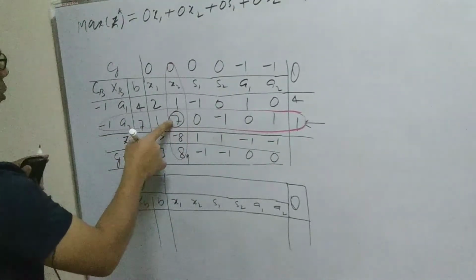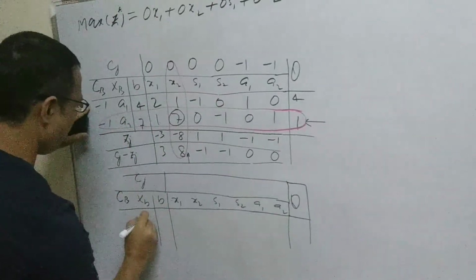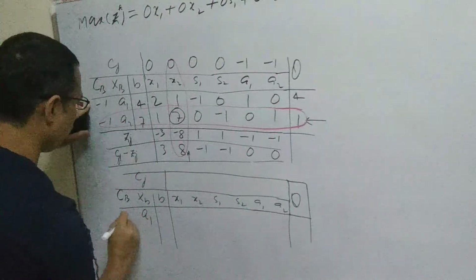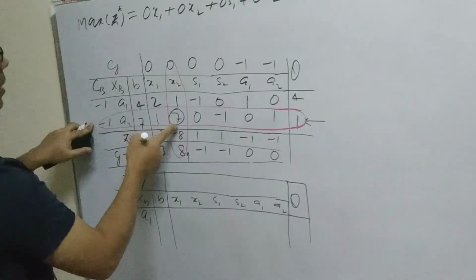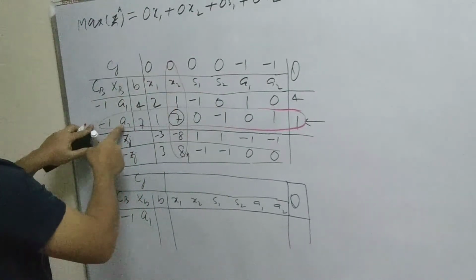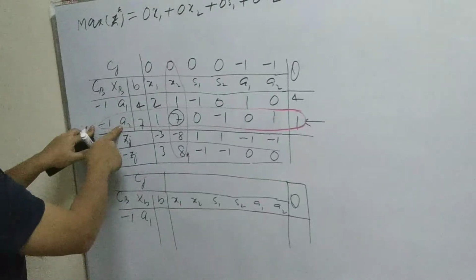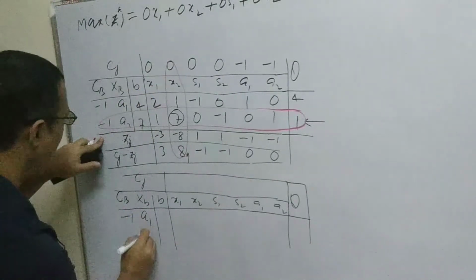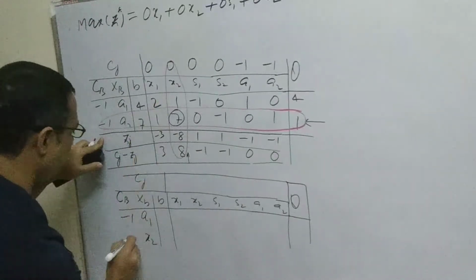In the second row, we need to divide this value by itself. Here there are no changes, so we just copy this value. Here we are going to make the changes: x2 enters the basis and a2 leaves the basis. So at the position of a2, x2 is going to be written, and the coefficient of x2 is 0.